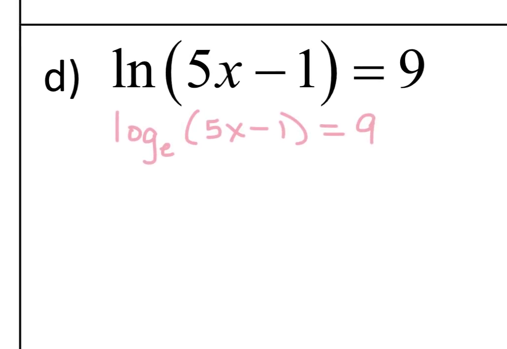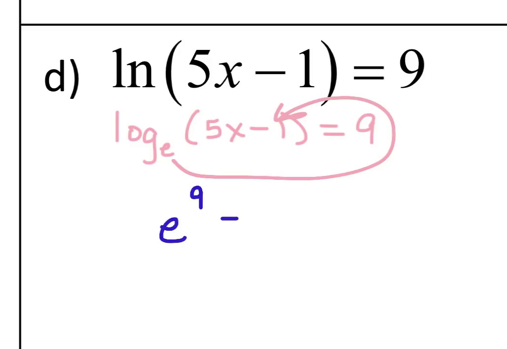And so I can go ahead and rewrite this whole entire thing, again using the curlicue or the swish or however you want to look at that, as e to the 9th power is equal to that whole expression 5x minus 1. Now, e to the ninth power is a number.